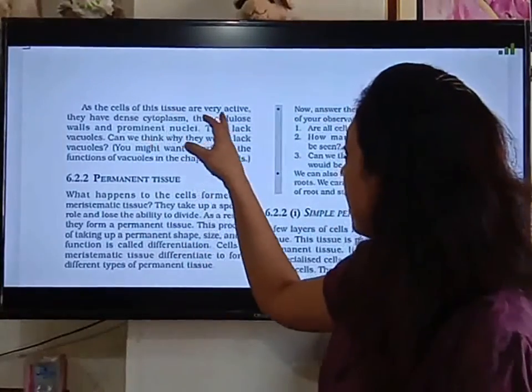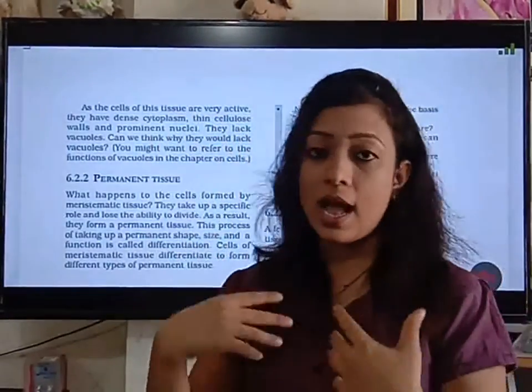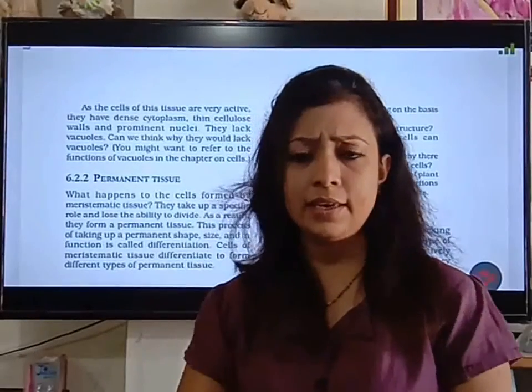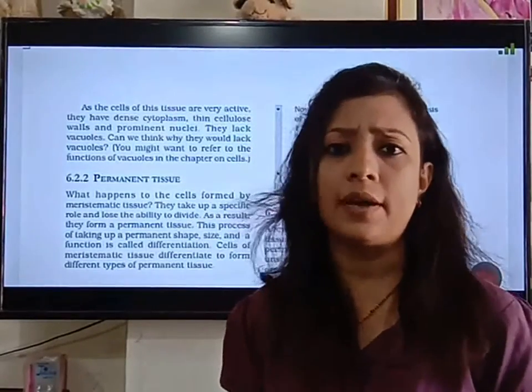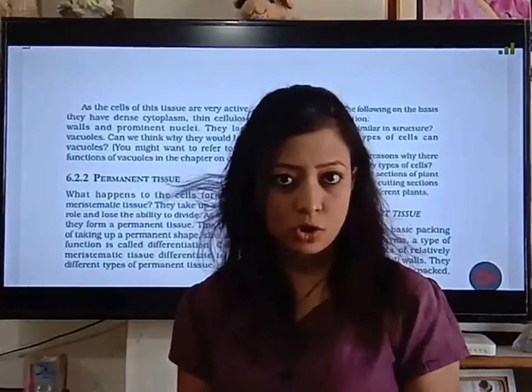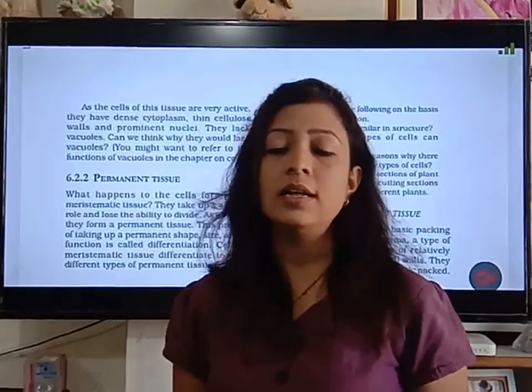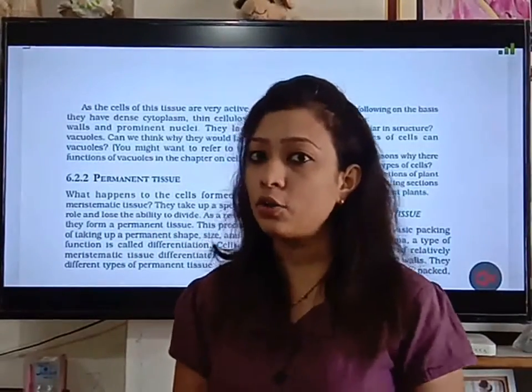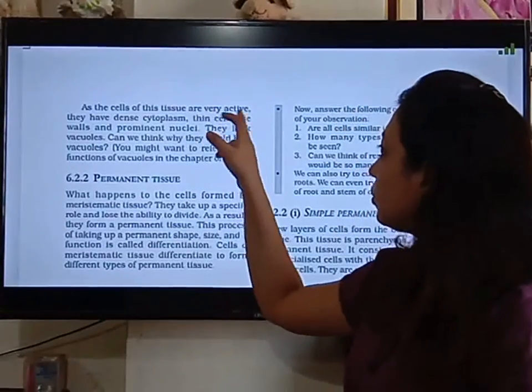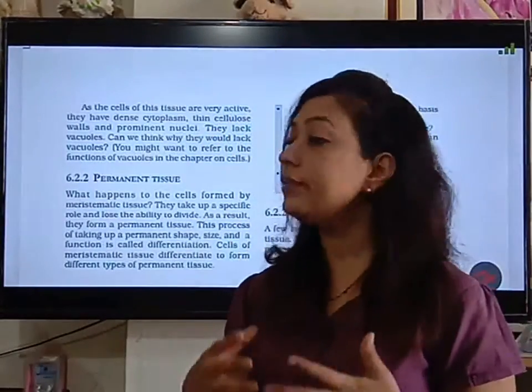Their properties are that they are very active, as they are continuously growing cells. They keep on growing and their growth never stops. Throughout the life of the plant, these meristematic tissues keep on growing. Because of their continuous growth, they are called very active tissues.